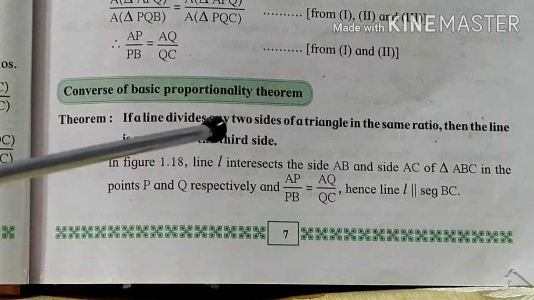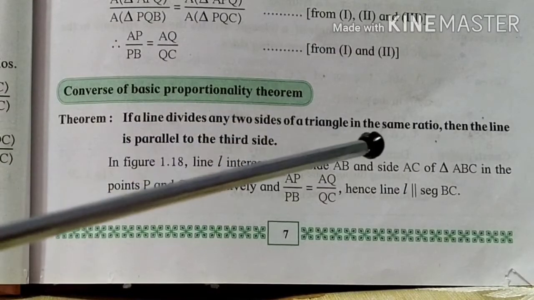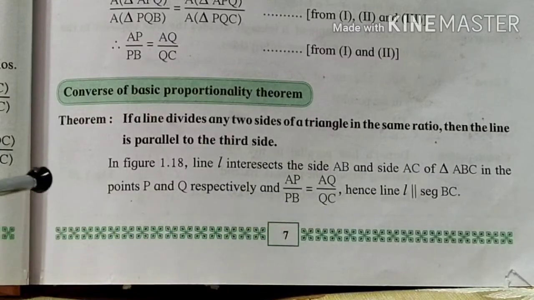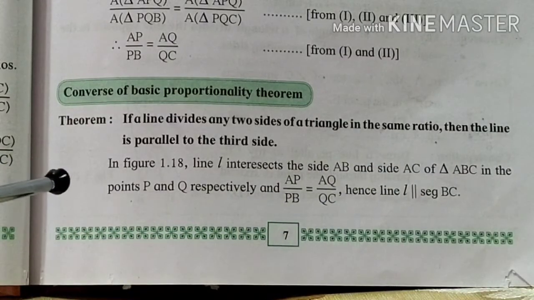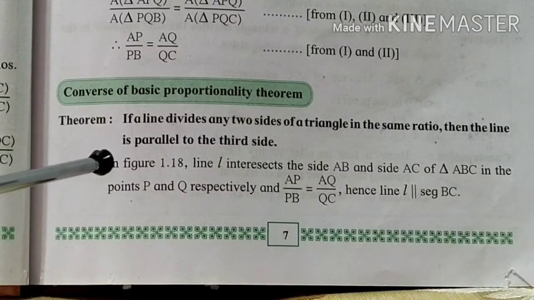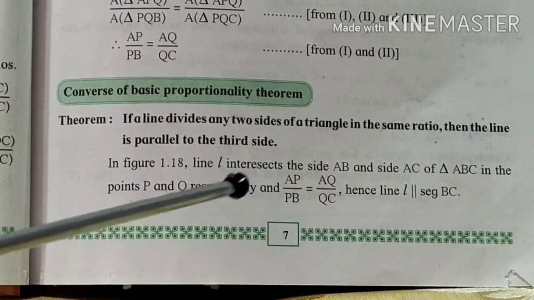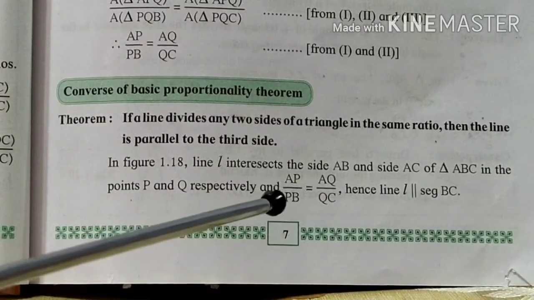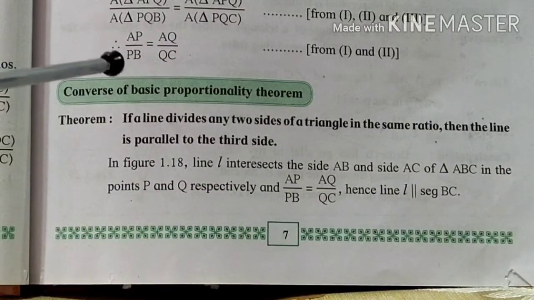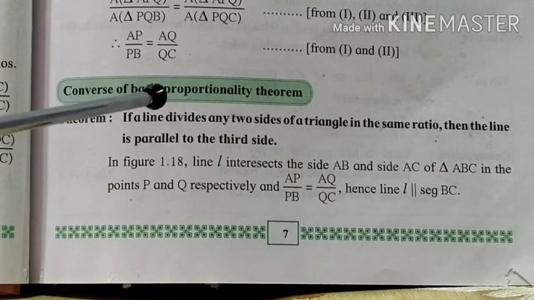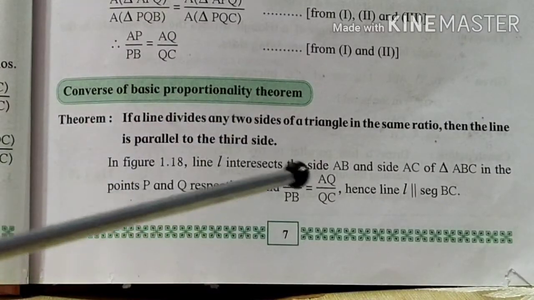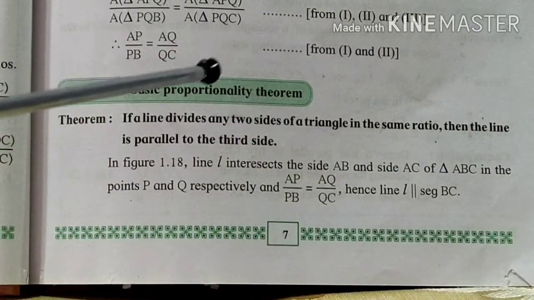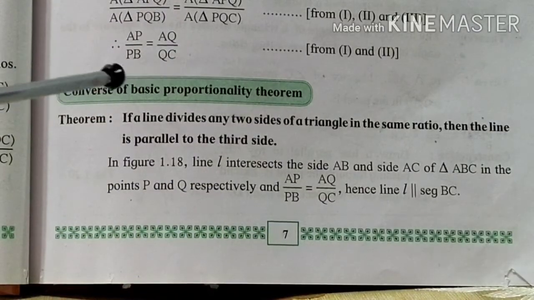If a line divides any two sides of a triangle in the same ratio or same proportion, then what? Then the line is parallel to the third side. Means what? In the theorem, we are given that L is parallel to one side, and L divides the remaining sides in the same ratio.